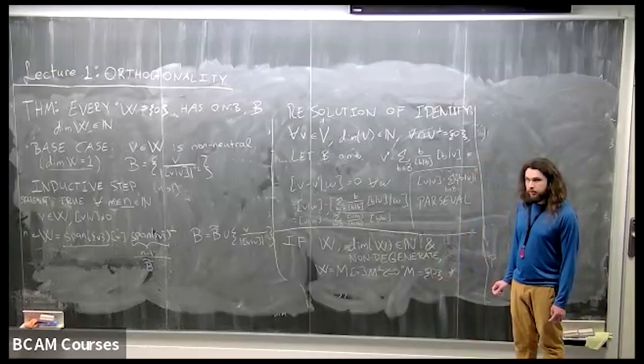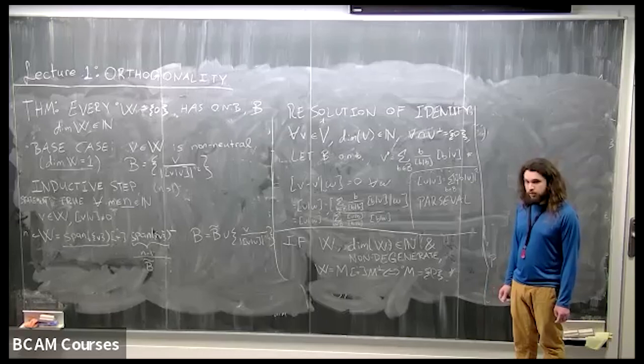In this case, the lemma I'm going to try to show gives an equivalent characterization for the statement that a subspace is orthocomplemented. I'm going to give this using a so-called orthogonal projection.